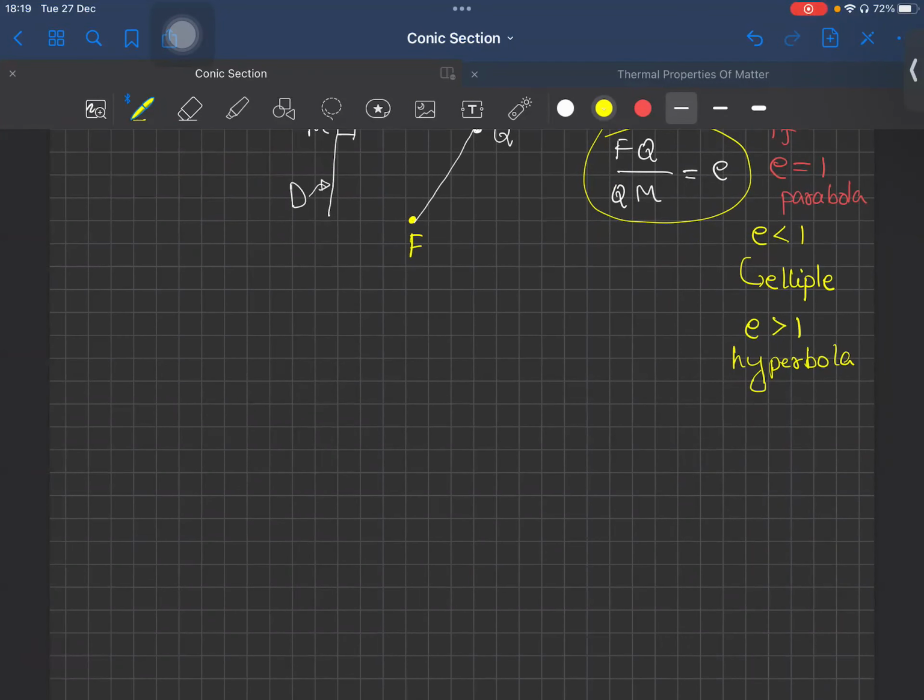Ellipse, it's a locus of a point. Let me write, I will define it. Okay, so let me write the definition.